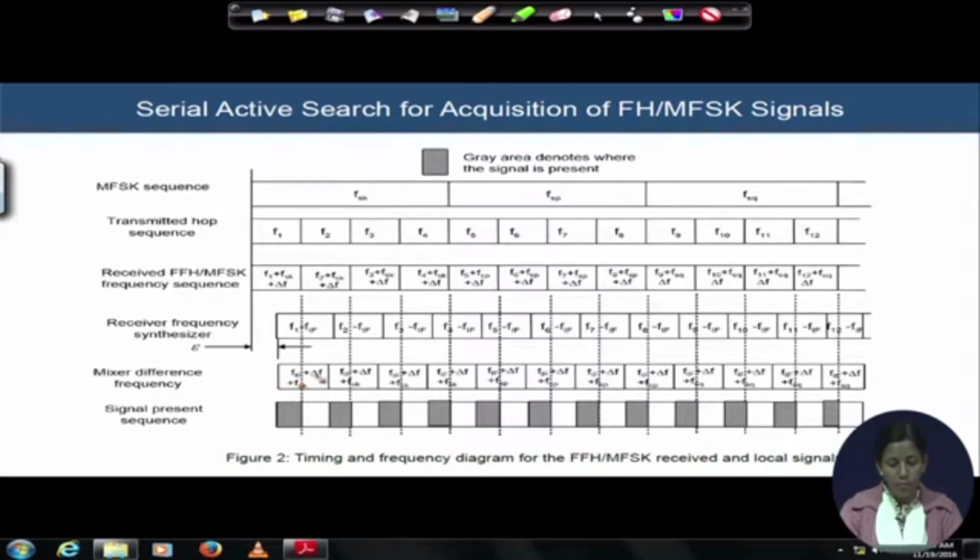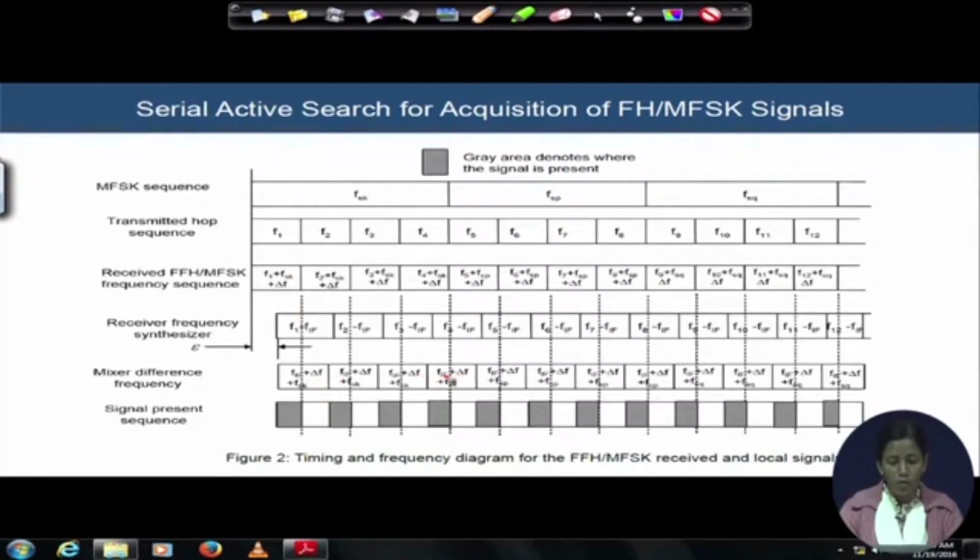In the output of the mixer you will be ending up with this F_IF, because your incoming signal is F1 plus F_SK plus del F, and the frequency synthesizer is generating a frequency of F1 plus del F. So, after beating you will be left with F_IF plus this del F plus this F_SK.